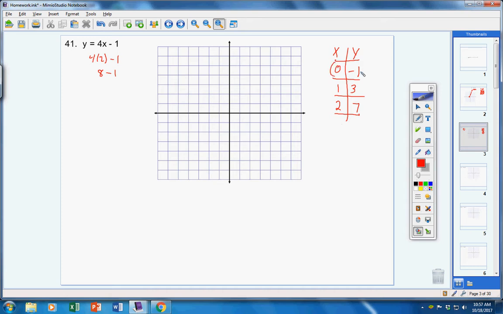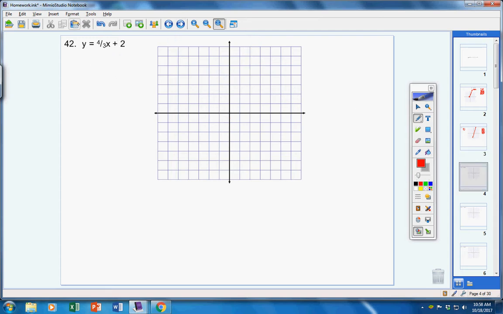We have 3 ordered pairs: 0, negative 1. 1, comma 3. And 2, comma 7. And there we go. Definitely line up in a straight line. Connect your 3 points, and you have graphed yet another linear equation.